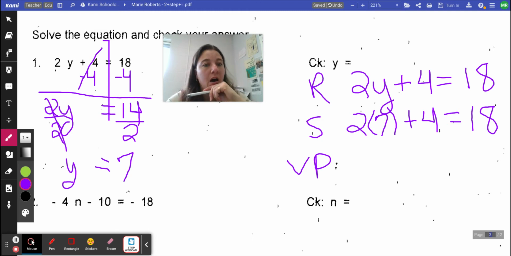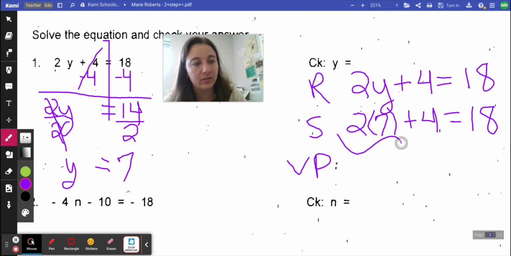Okay, so the next step is VP, verify with PEMDAS. Back in the day, I used to go through PEMDAS: parentheses first, there's no parentheses, there's no exponents, there's multiplications. We're going to do that, and then we're going to do addition later. But instead of using our brain, I'd rather use my finger. And punch it into the calculator exactly how you see it. 2 parentheses 7 parentheses plus 4. Put it in your calculator, get an answer.